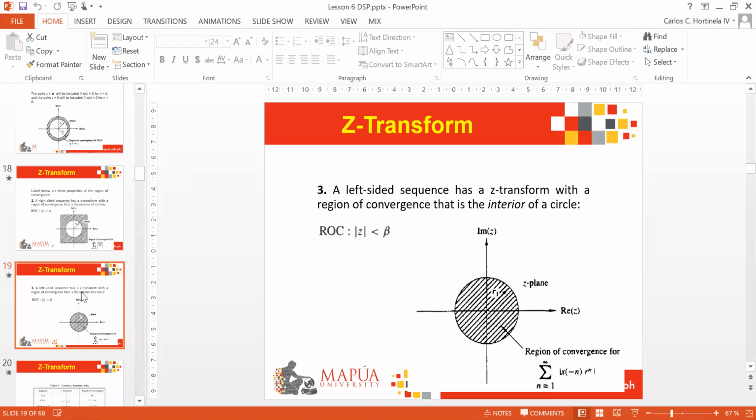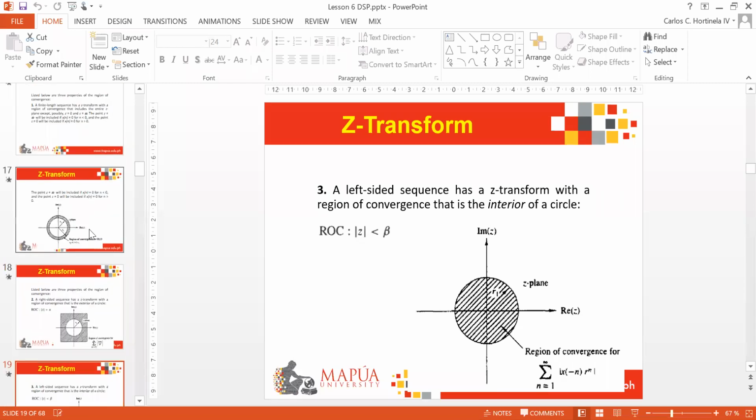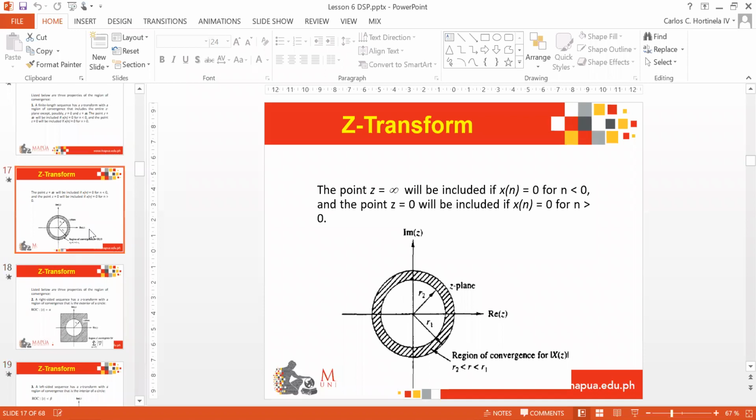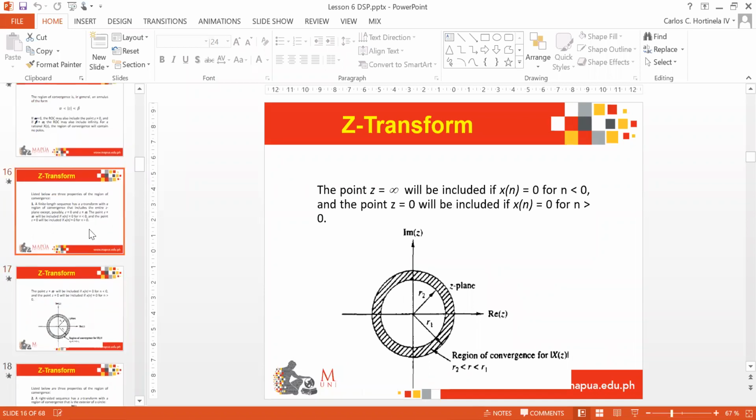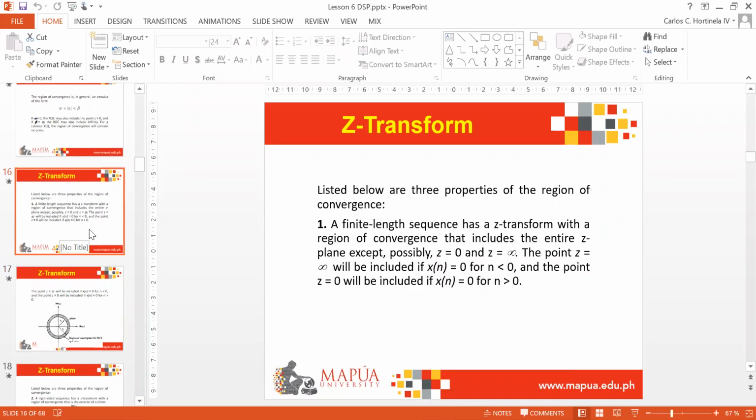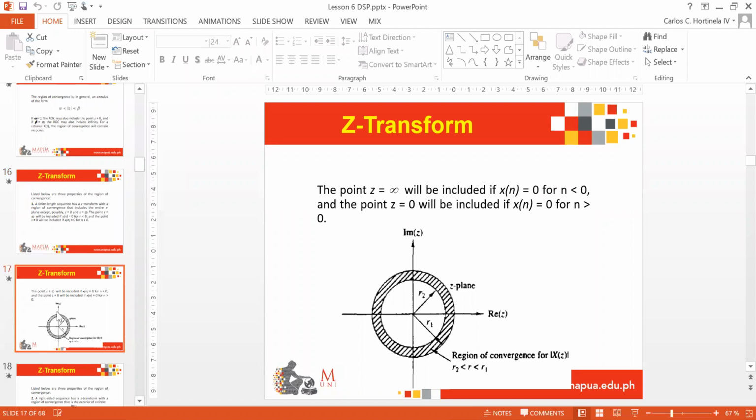And what is our special case if we end up with something in between? A finite length sequence, where some of the sequence is on the left and some is on the right. What is the region of convergence then? If I have a signal to the right of 0 and also a signal to the left of 0, your region of convergence would look like a ring, like this.